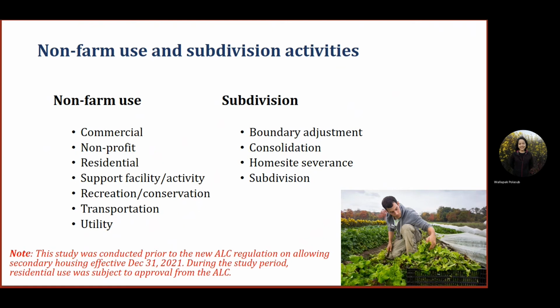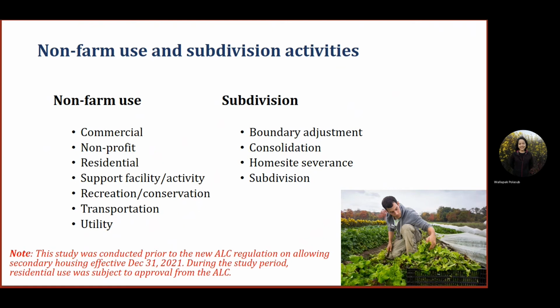Residential and attendant structures are defined as structures intended for residential uses of family members, such as secondary dwellings, swimming pools, and riding areas for private use. For this category, though, effective December 31st, 2021, the regulation has changed so that from now on, people do not have to apply anymore if they want to have a second dwelling.